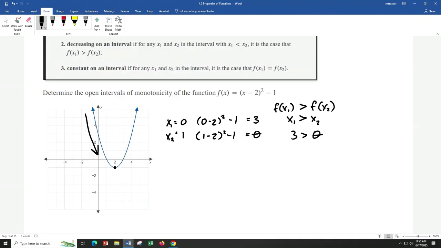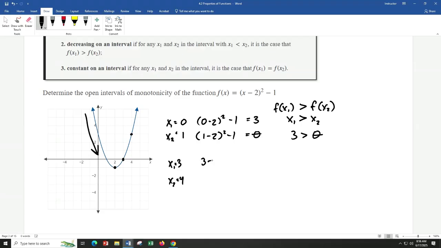Test points again. I'm going to pick, so let's say I pick 3, and then I'll pick 4. Why am I picking those? Because they're nice, pretty points. So my x1 is going to be the 3. My x2 is going to be the 4. Always making sure x sub 1 is smaller than x sub 2. And then we're going to do some math here.